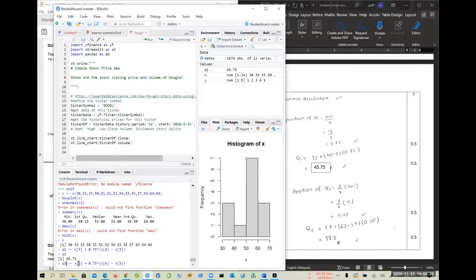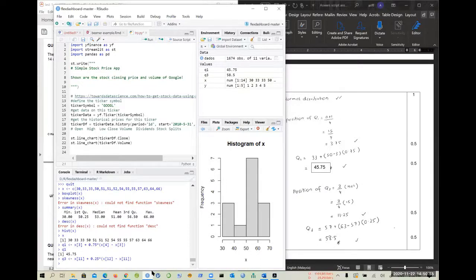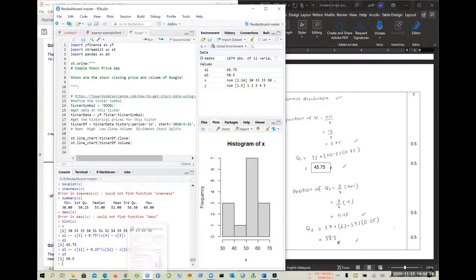Okay, and then you want the 11th position, right? So this one is 11. And then this will be 0.25. This will be 12. And this one will be 11. Okay, so Q3 will give you 58.5, right?